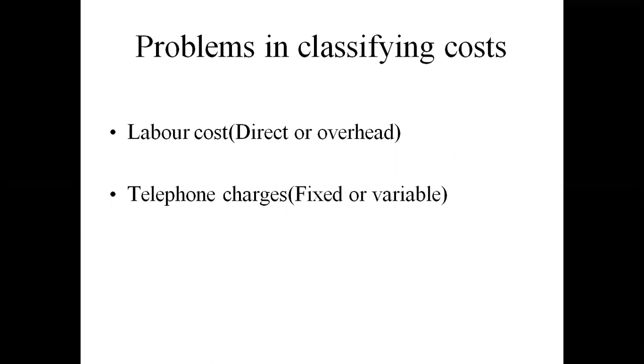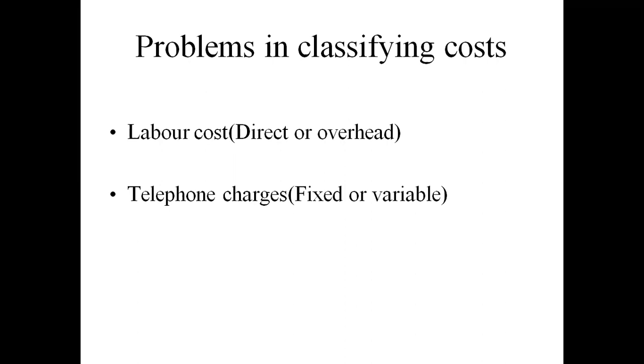But it can be an overhead as well. That is the problem. How? For example, if the same worker is given a salary, a fixed amount, it doesn't matter how much the worker is producing, right? So here, this is an overhead cost. Overhead means fixed cost, and it will not vary with the change in the number of units produced, whether the worker produces more or less.